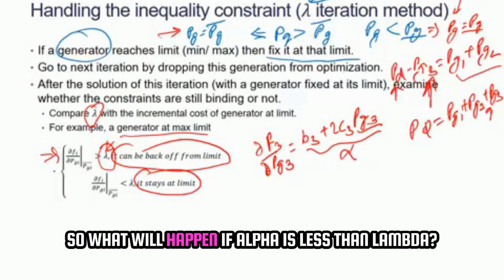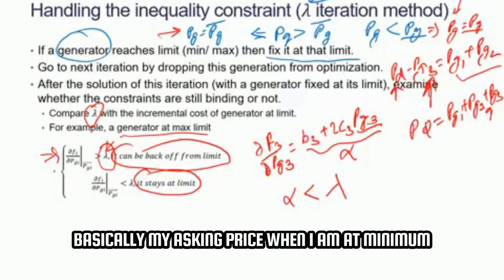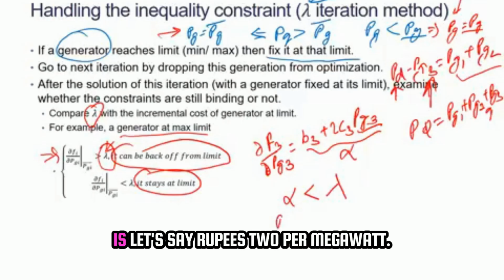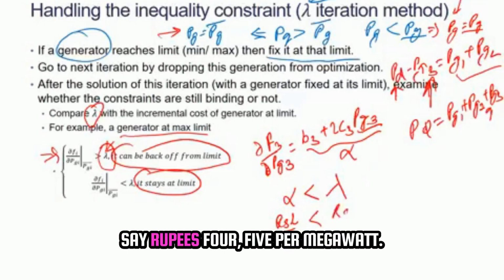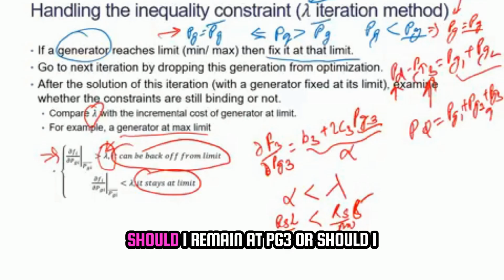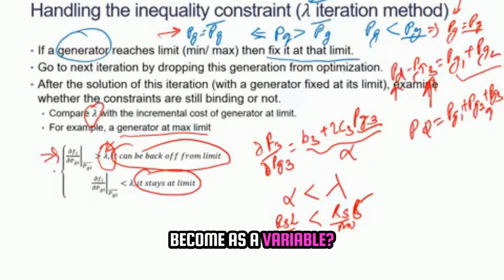So what will happen if alpha is less than lambda? Basically my asking price when I am at minimum is, let's say, 2 rupees per megawatt, and system operator is offering me, let's say, 5 rupees per megawatt. So what should be my strategy? Should I remain at PG3 or should I become a variable?